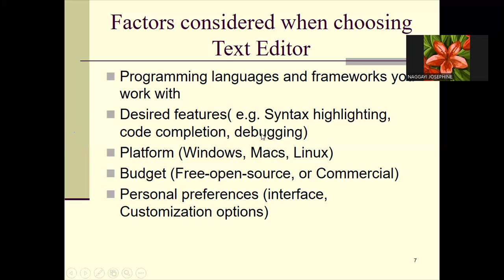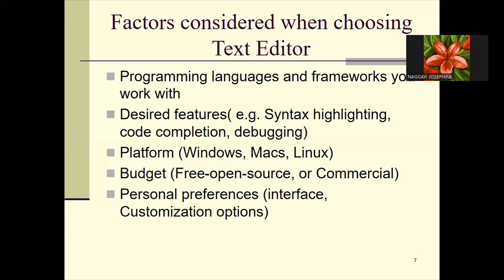Then also debugging. There are some of the codes like when you go to C++ and C, which require a lot of debugging. You get that some of these text editors will not help you in debugging, will not show you the error. Now, when you talk of debugging, it's just identification of errors and fixing them, right? So some of these text editors will not help you or will not guide you.